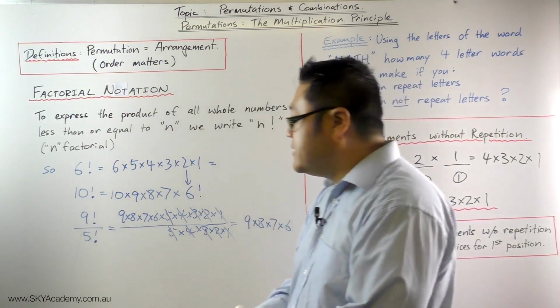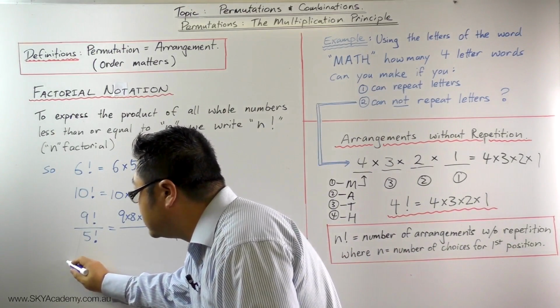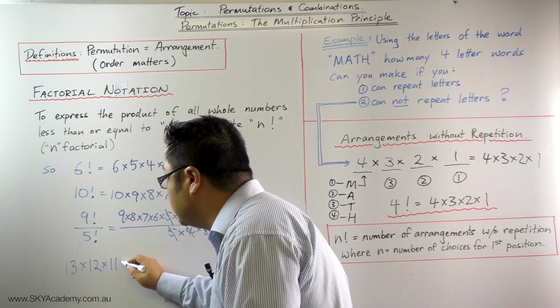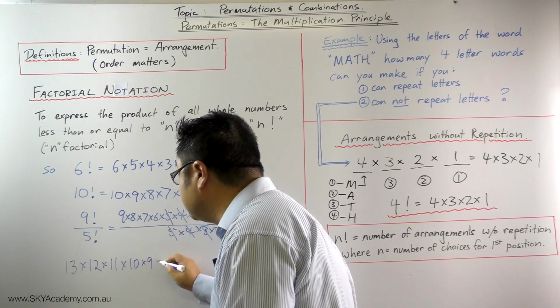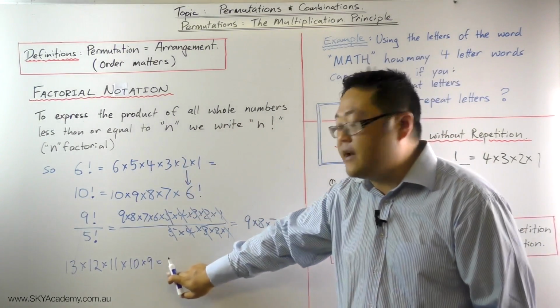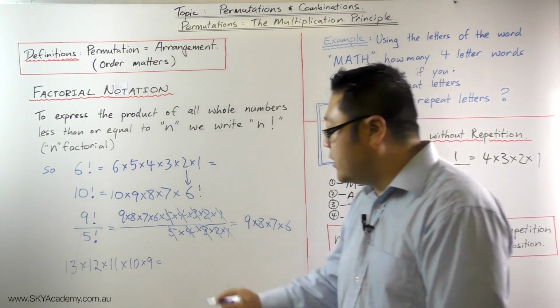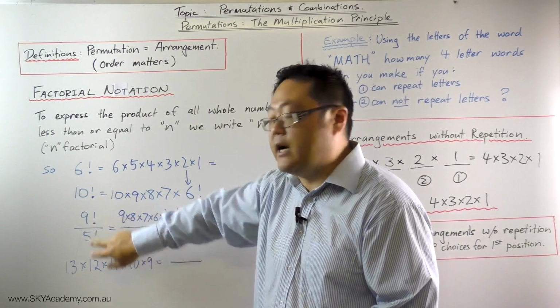And that is, if we wanted to work out what, say, 13 times 12 times 11 times 10 times 9 is, how would we write that in factorial notation?